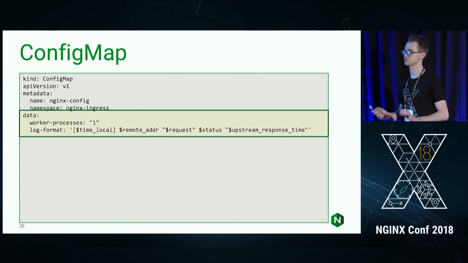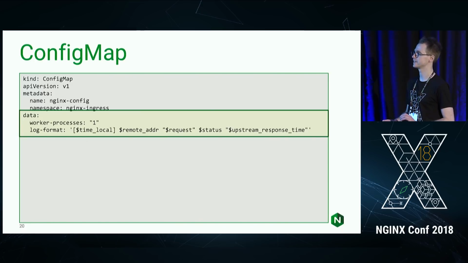The ConfigMap resource is a general purpose resource on Kubernetes to store configuration. It consists of key value string pairs. Our NGINX Ingress controller understands certain keys. So for example, here with this ConfigMap, we define the number of worker processes, and we also define the log format.